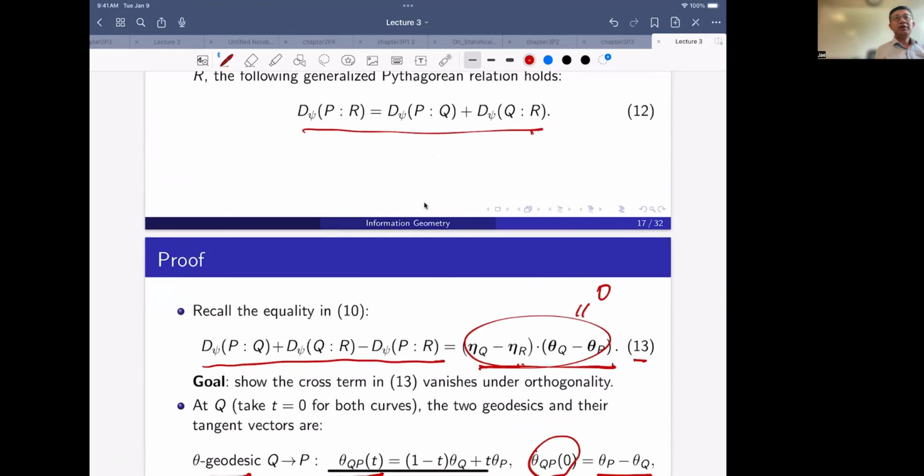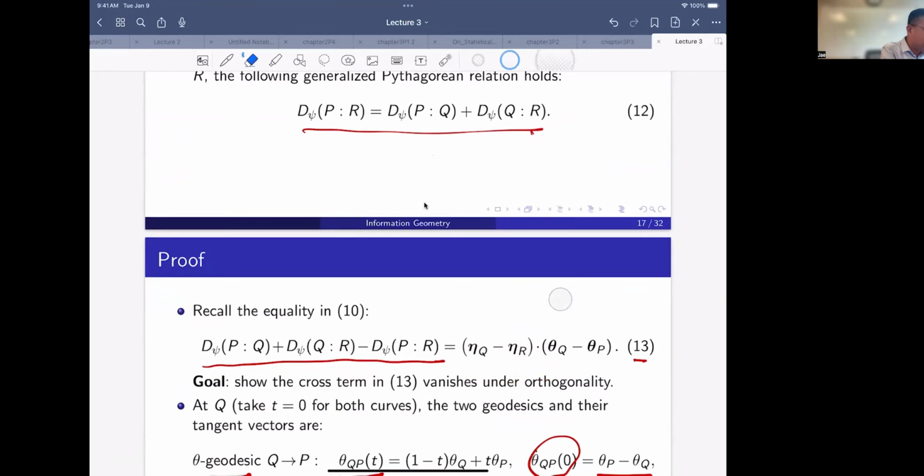Otherwise we cannot really say orthogonality, right? The easiest way is to assume this guy is 0, but that doesn't really mean anything.